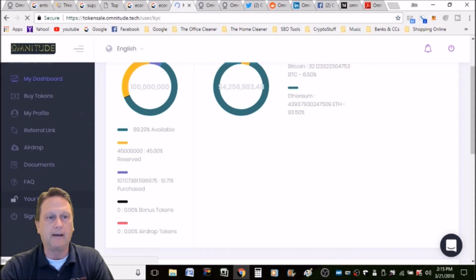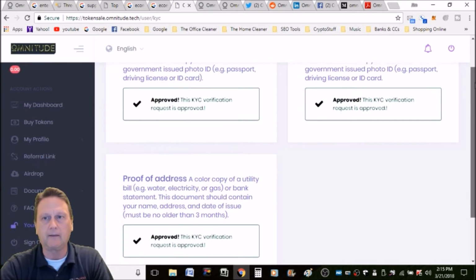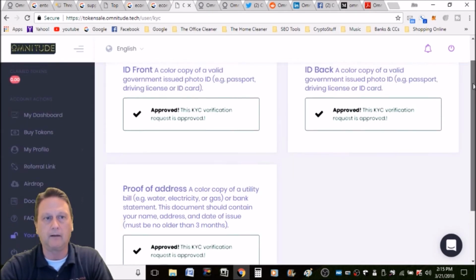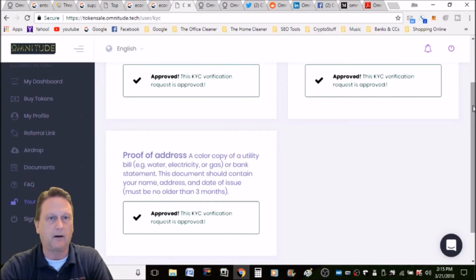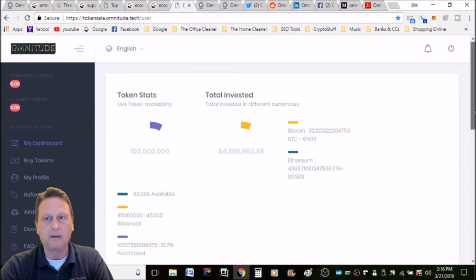If you click on that, it'll take you to the page. There are only 3 things that they need: front ID, back ID, and then proof of address. I've done all mine. It's very, very seamless. It's not hard to go through. So you can go on there and register and get that done, and then you'd be all set for March 28th when it starts.